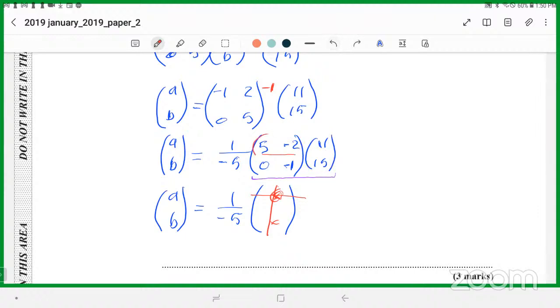Ready now? 5 times 11 minus 2 times 15. 5 times 11 is 55. Minus 2 times 15 is -30.